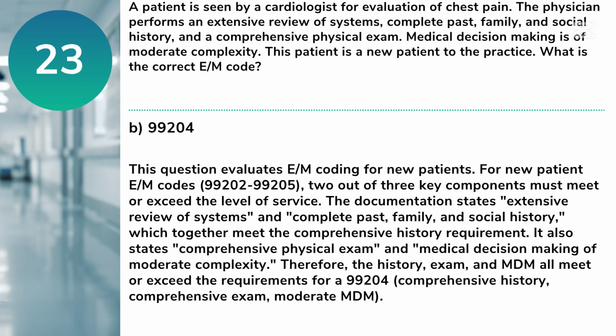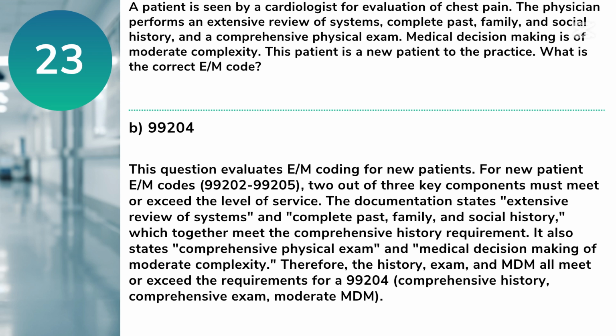Answer, B. 99204. This question evaluates E/M coding for new patients. For new patient E/M codes, 99202 to 99205, 2 out of 3 key components must meet or exceed the level of service.